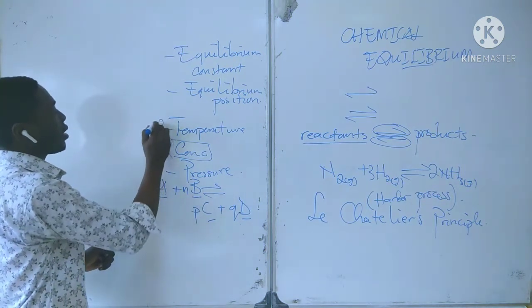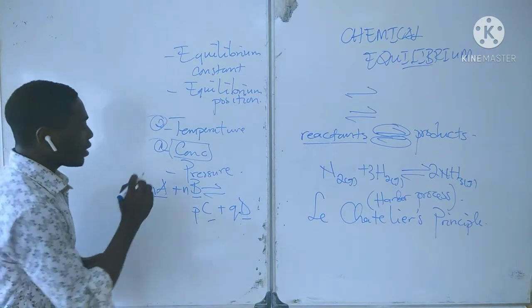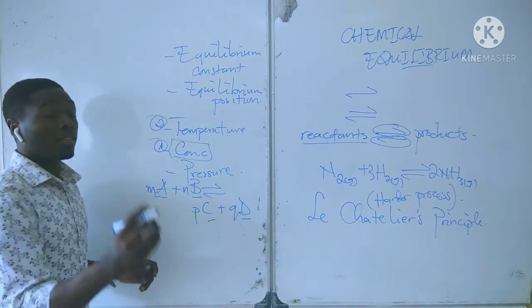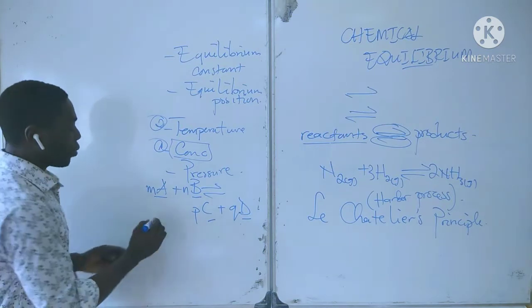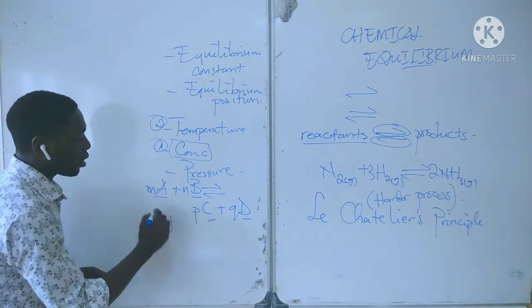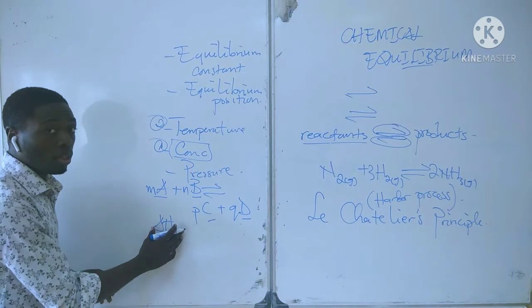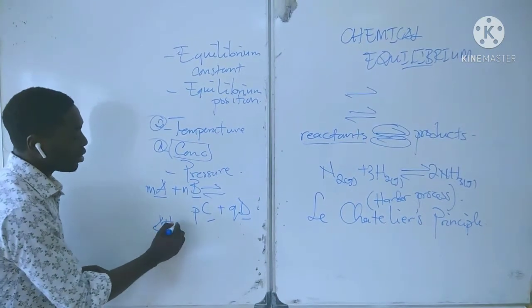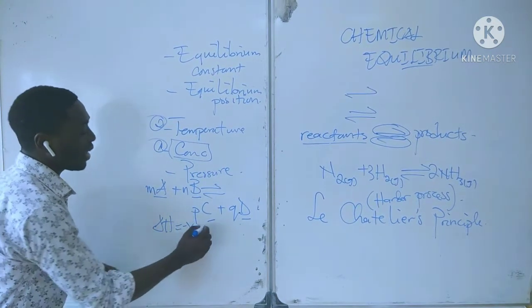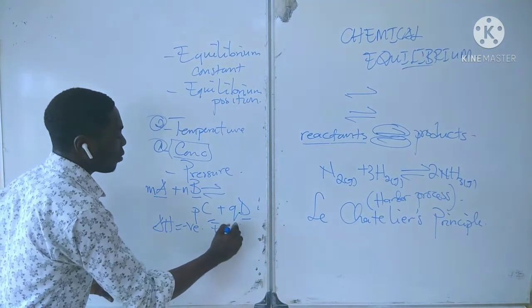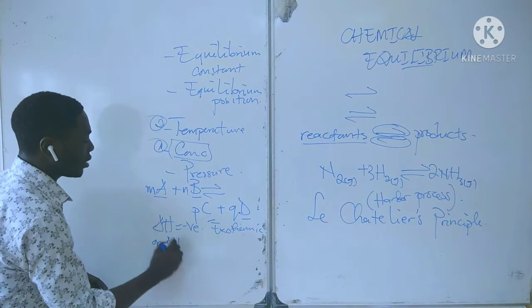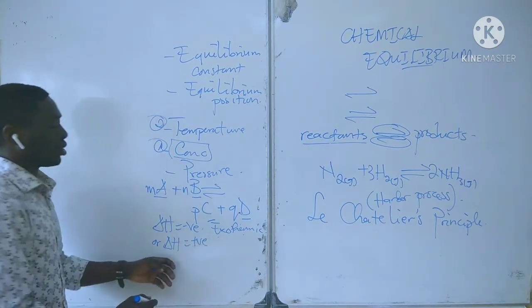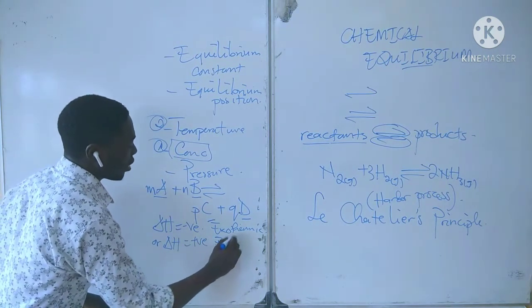Now the second one is temperature. Temperature will depend on whether the reaction is exothermic, which they usually represent by giving beside the equation delta H equal to negative, or endothermic, where the energy change is positive.